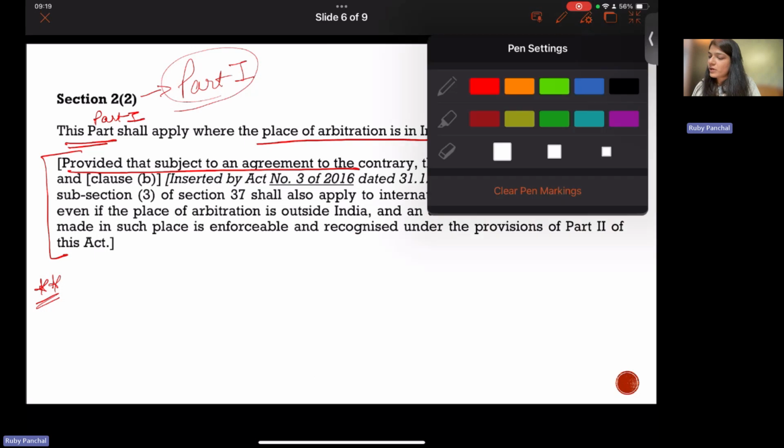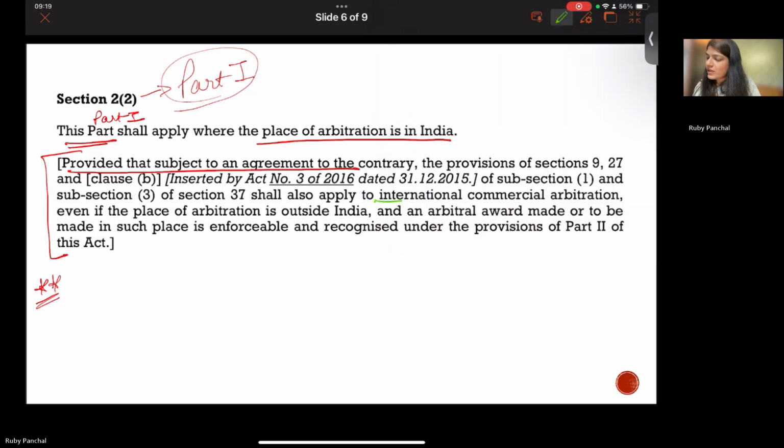Now comes the important part: to international commercial arbitration, even if the place of arbitration is outside India, an arbitral award made in such places is enforceable and recognized under Part 2 of this Act.